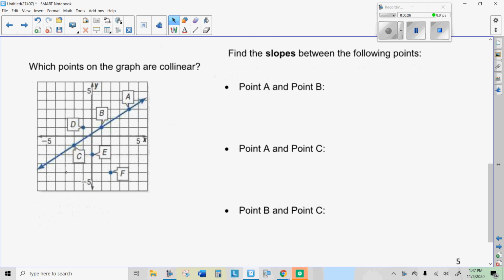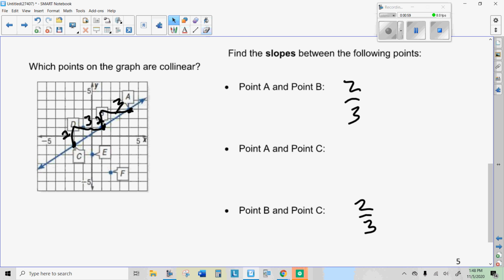So you guys can probably see that points C and B and A are all on the same line. Now, since they're all on the same line, between those points, they're going to have the same rise over run. Between C and B, the rise over run is 2 over 3. Between A and B, the rise over run is 2 over 3.